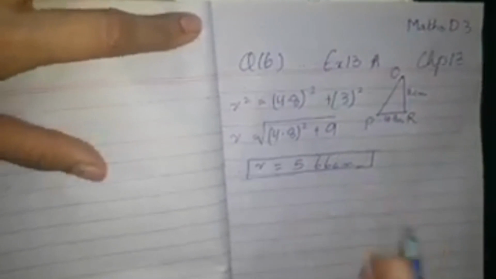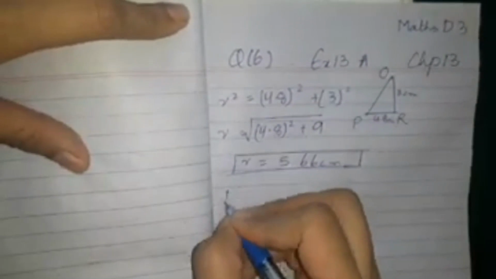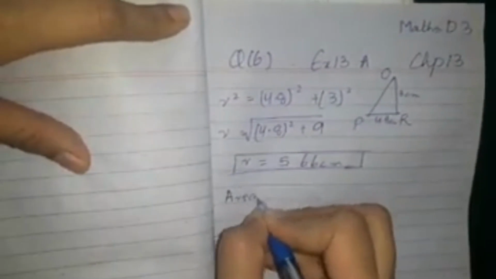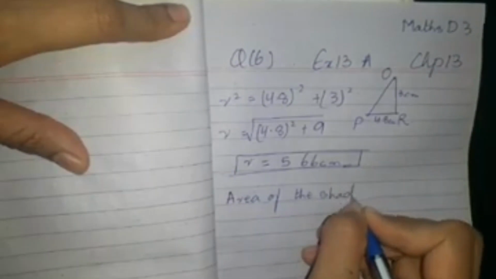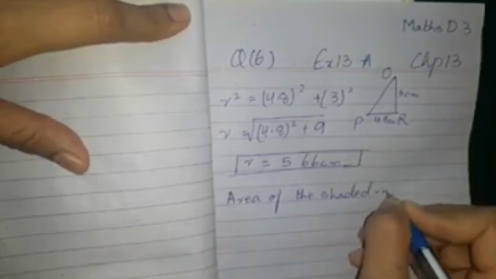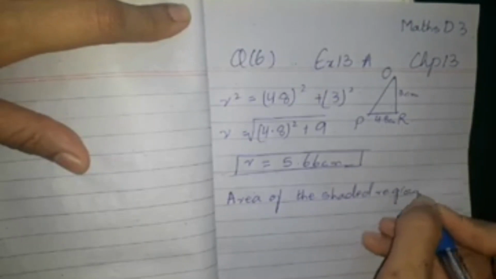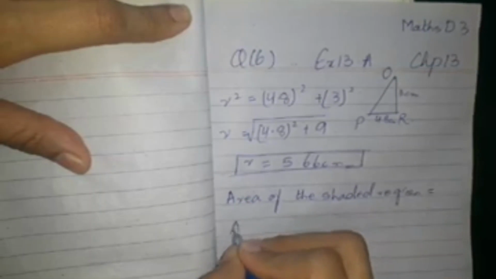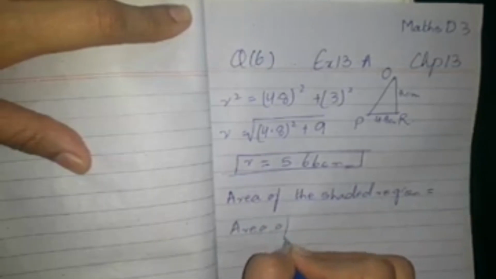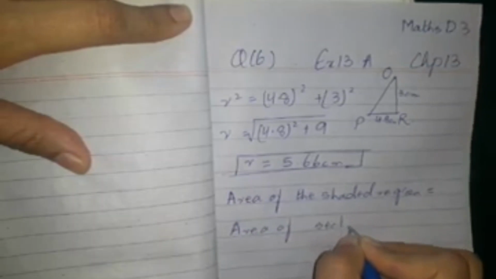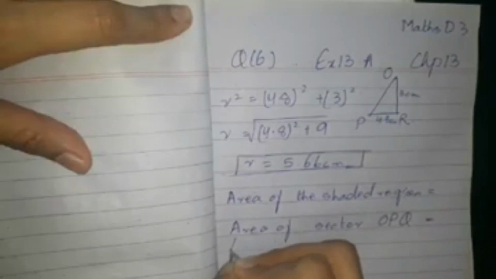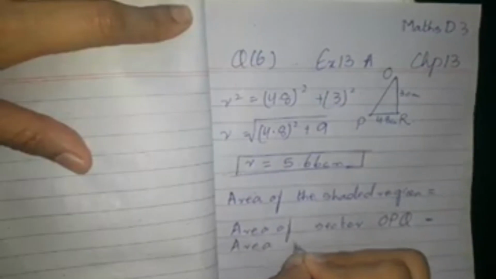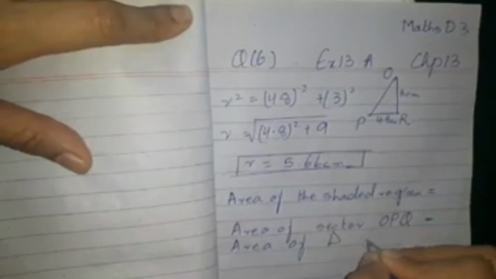So let's write in formula form what I am saying: the area of the shaded region is equal to the area of sector OPQ minus area of triangle OPQ.